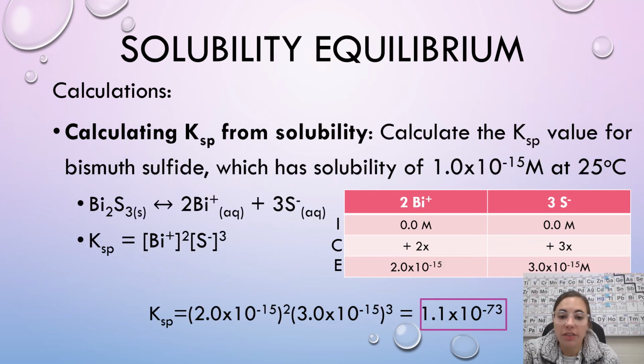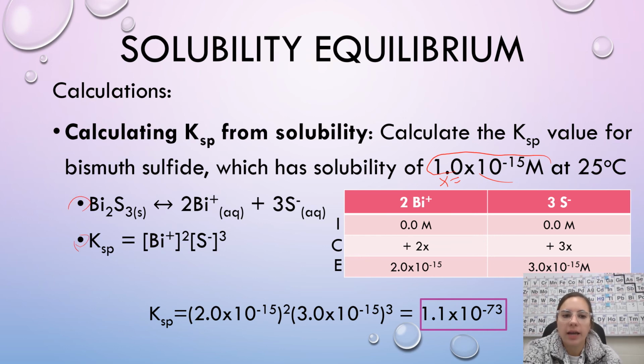So here's another example, calculating K from solubility, because this time we don't have 1 ion of each, so it's going to be a little bit different. Calculate the KSP value for bismuth sulfide, which has a solubility of 1 times 10 to the negative 15. So in other words, X equals 1 times 10 to the negative 15. Here we have our dissolution equation.